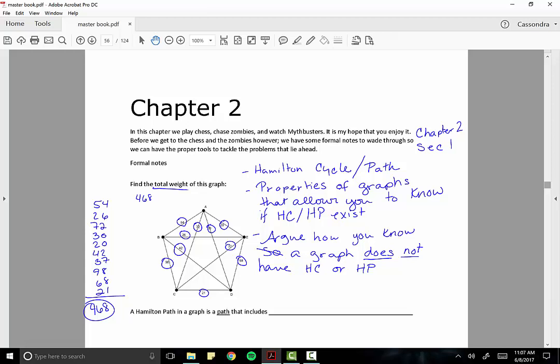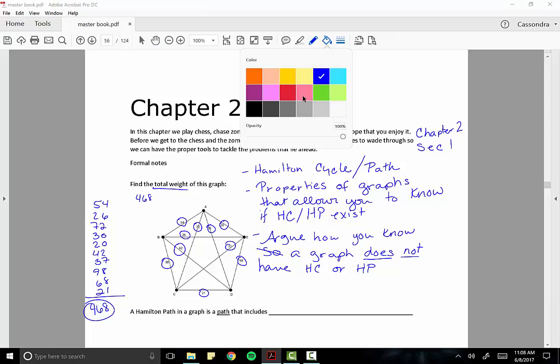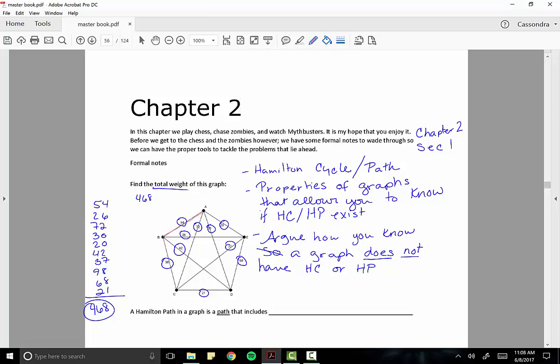I will be asking you later on to find total weights of paths and cycles, which is just adding up the weight of a path or a cycle. So if I wanted to find the weight of path A, B, C, D, E, A, I would add up only the edges that are in that path or cycle. 54, 98, 21, 68, and 20.